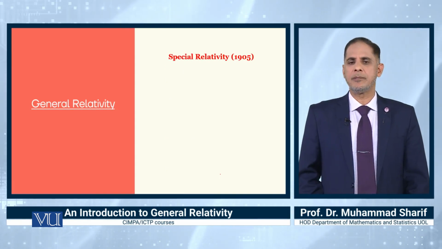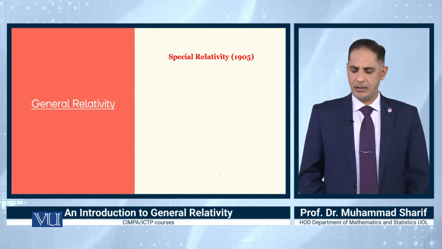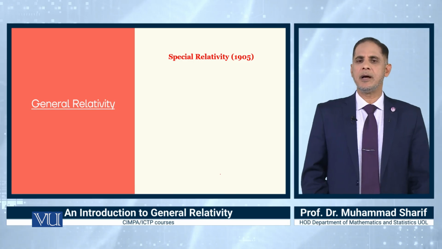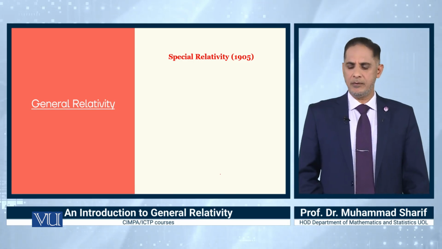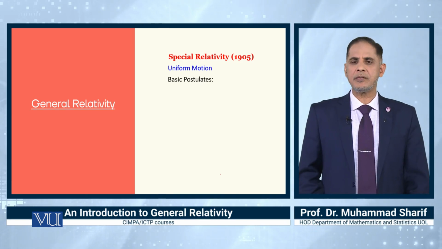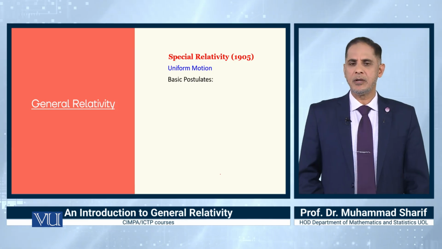Now, I come to the special theory of relativity, which was developed by Einstein in 1905. This theory says that an object moves with a uniform motion. In other words, we can discuss only things in flat space-time.